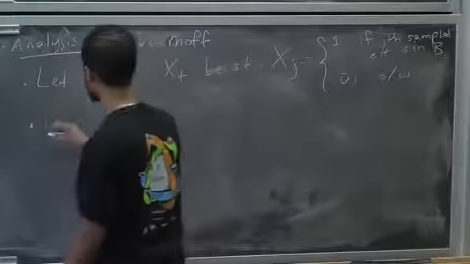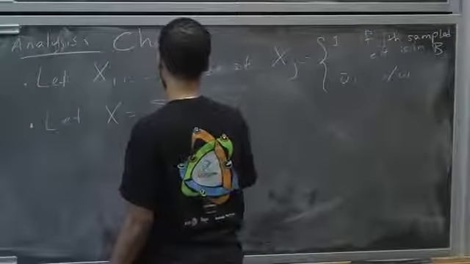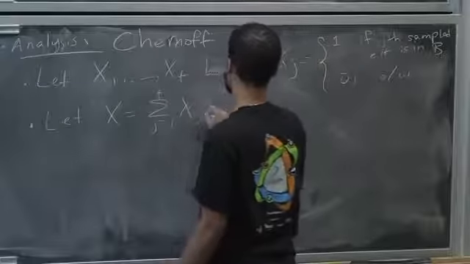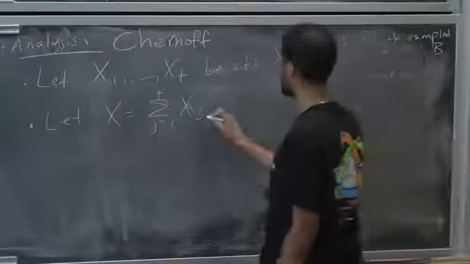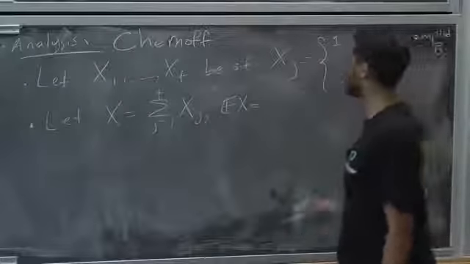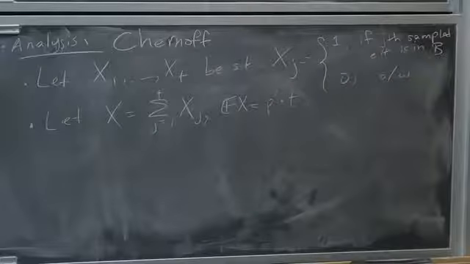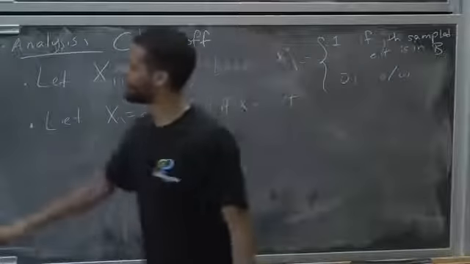And let X be the sum from j equals 1 to t of x_j. So what's the expectation of X? Well, by linearity of expectation, it's going to be p prime times t. So now, when does this algorithm fail?